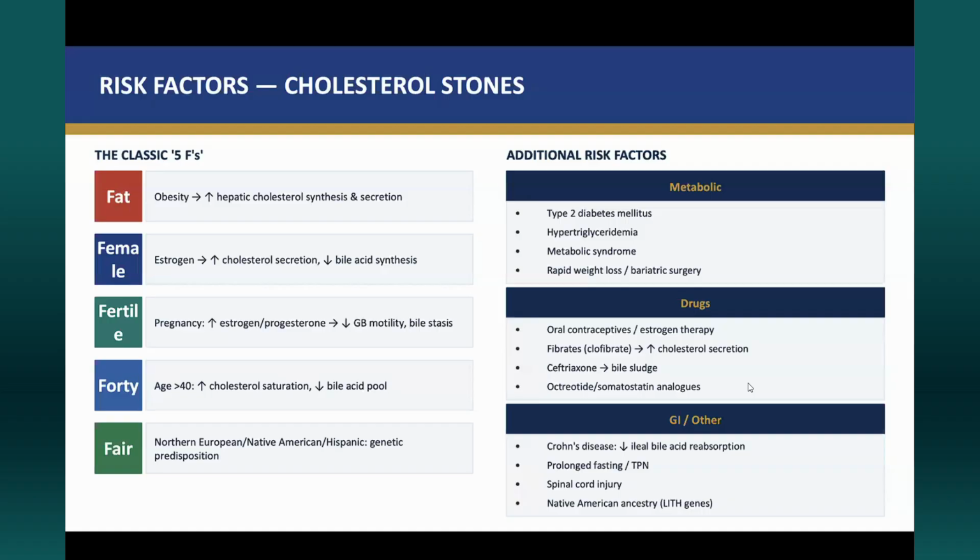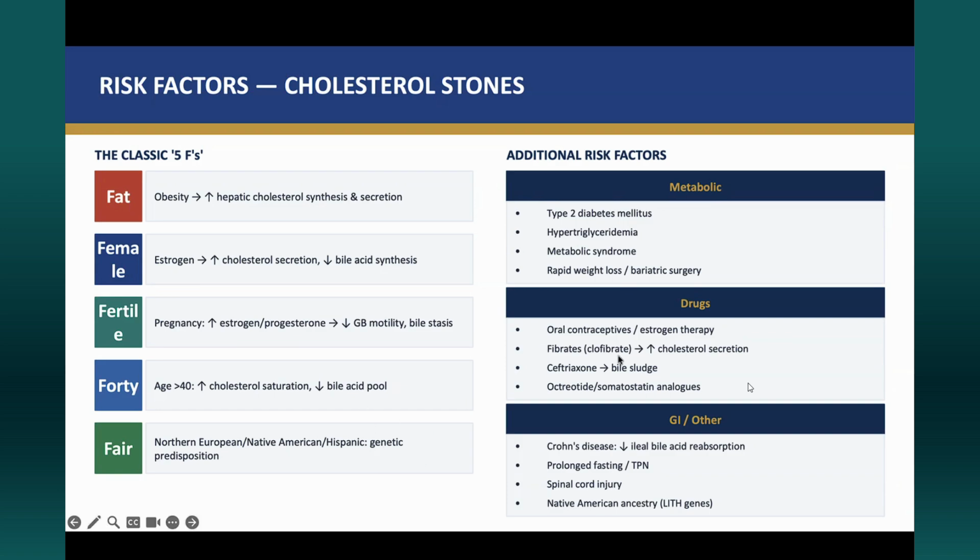In pregnancy, you can have increased estrogen and progesterone, so estrogen is higher. You have decreased motility. 40, you have cholesterol saturation, and fair, so genetic predisposition. So the 5 Fs of risk factors.